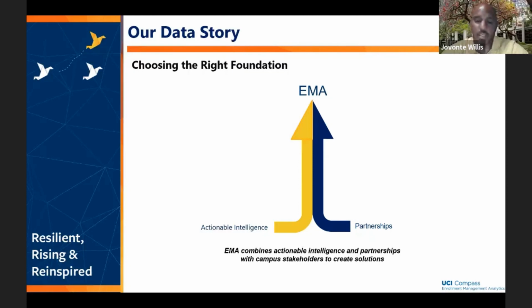And so what we decided to do was change our foundation to a partnership-built foundation, with what we built being led by the end users and not by what we thought they wanted. And when we did that, it changed our whole work environment and the whole outcome of our data environment at our school.